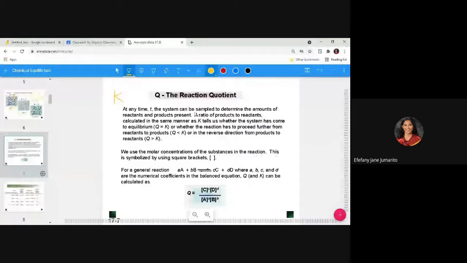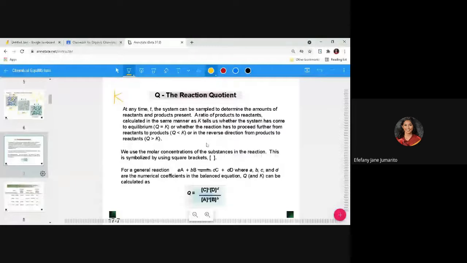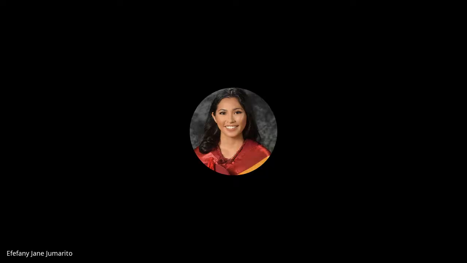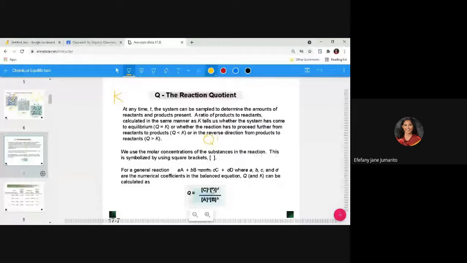Now we also have our reaction quotient, Q. It considers the concentration of our product and our reactant, so our quotient is also just product over reactant.